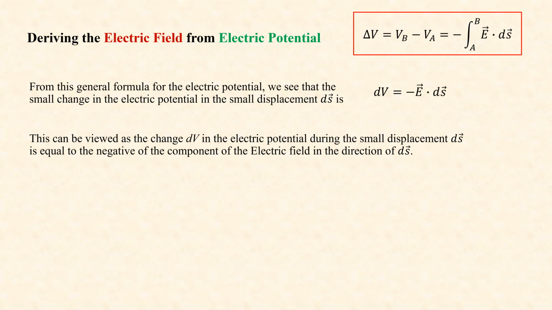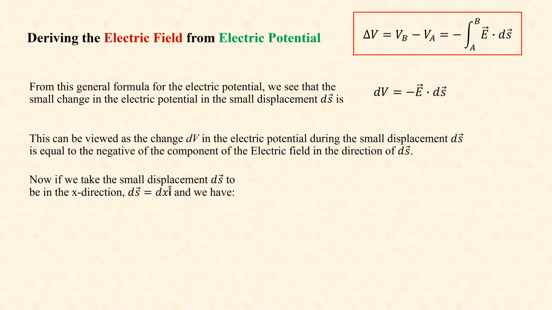This can be viewed as the change dV in the electric potential during the small displacement ds that is equal to negative of the component of the electric field in the direction of ds. Right? Remember, this dot product can be viewed as the component of E along the direction of ds.